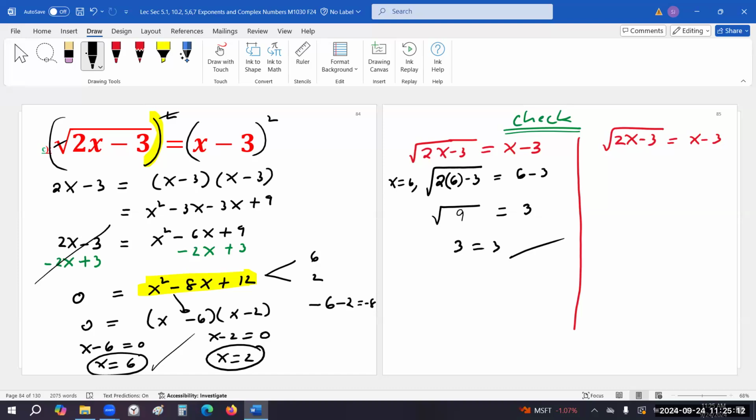Kira, the next one. How are you going to check x equals 2? So tell me what to write. And then what do you have?